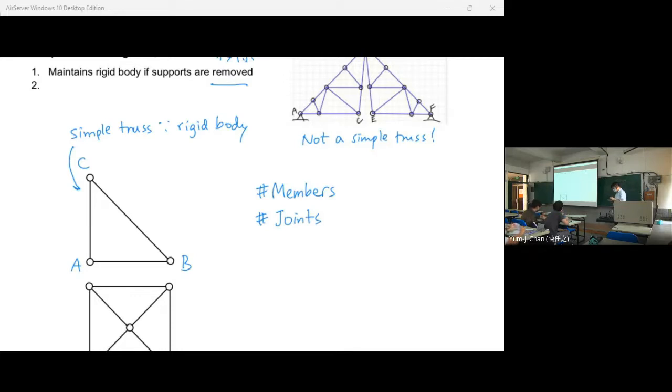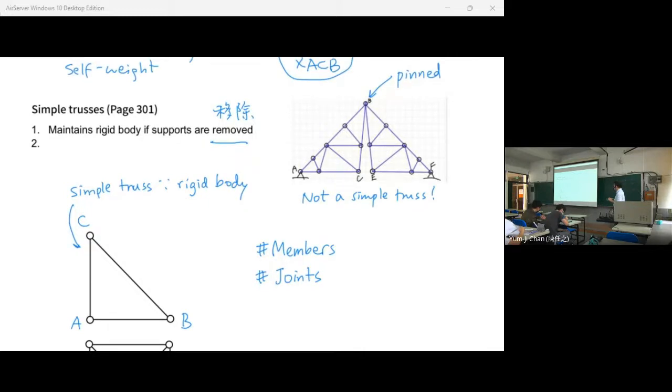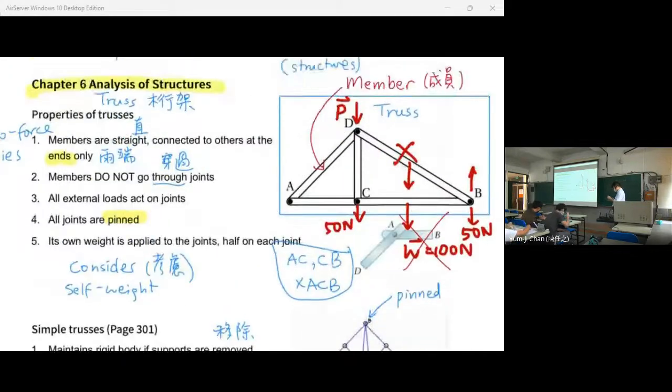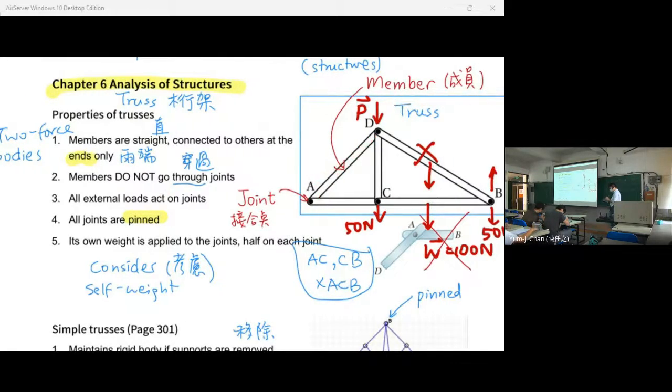As I mentioned, these are members, and this is a joint. A rod is a member, and all members are two-force bodies, and we have some joints. Okay, this is a joint.